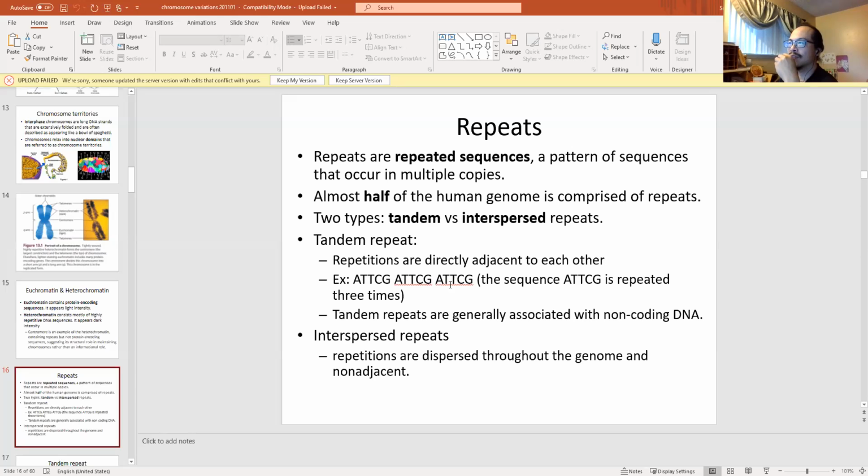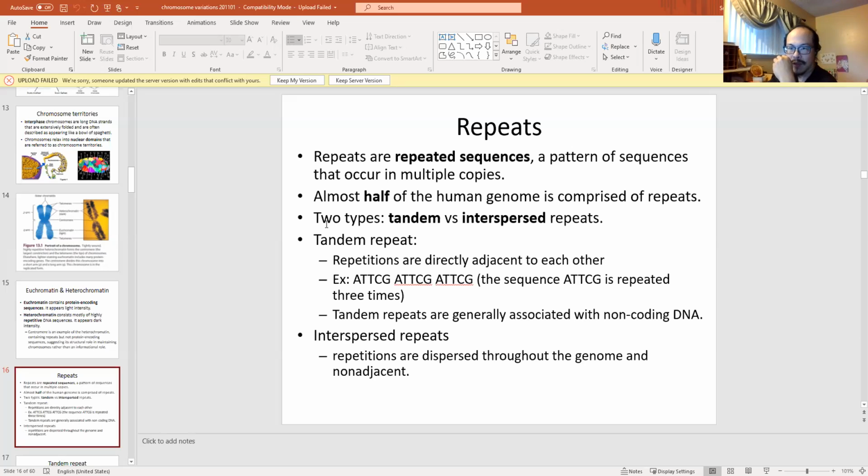These sequences don't really provide a protein, otherwise you would have very strange proteins coming from them, right? They don't provide protein coding, but they are there, in the heterochromatin. Almost half of the genome is repeats.